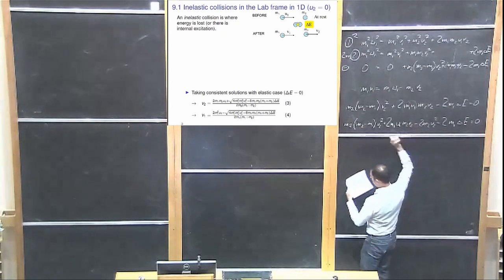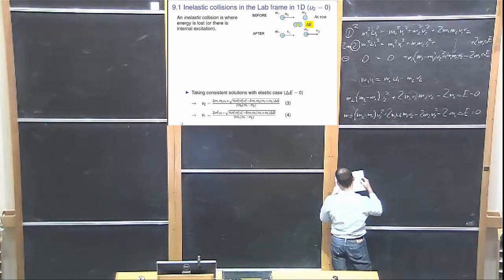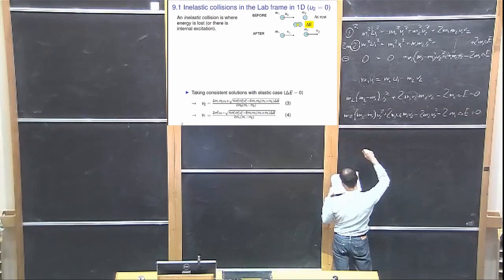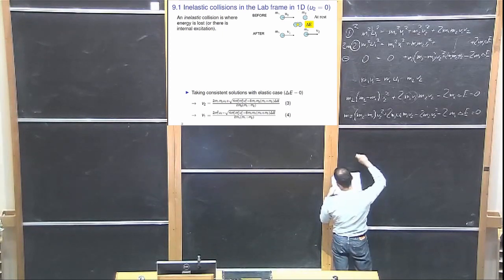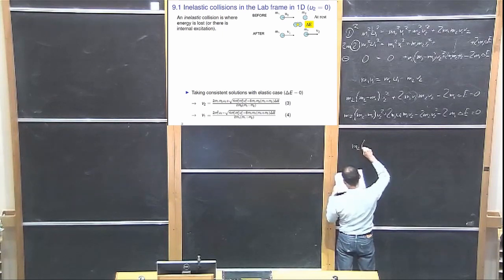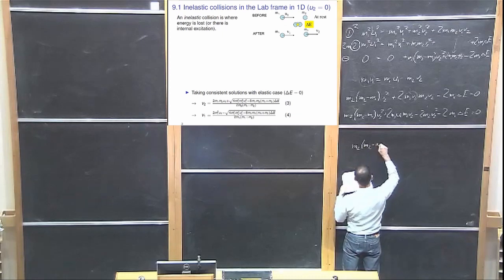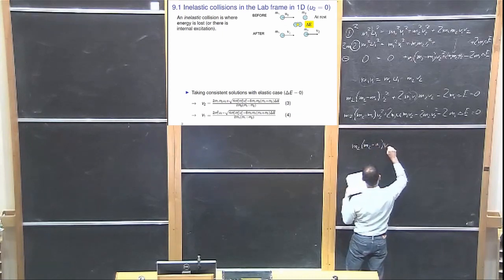Gonna simplify that, and I'm gonna end up with a quadratic in V2, M2 plus M1 V2 squared.